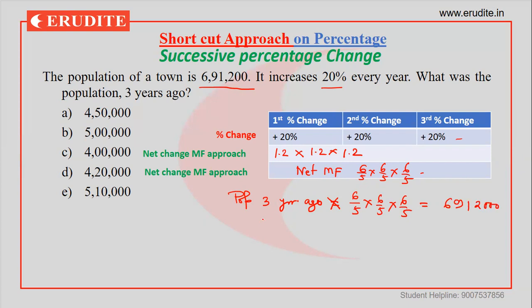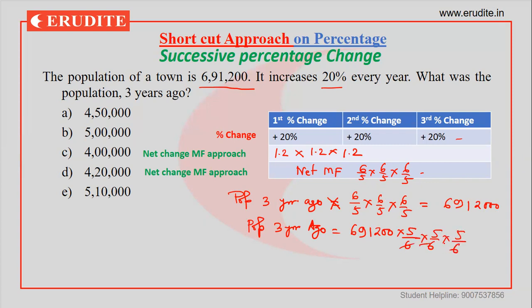So the population 3 years ago will be equal to 691,200 multiplied by 5 by 6 into 5 by 6 into 5 by 6.